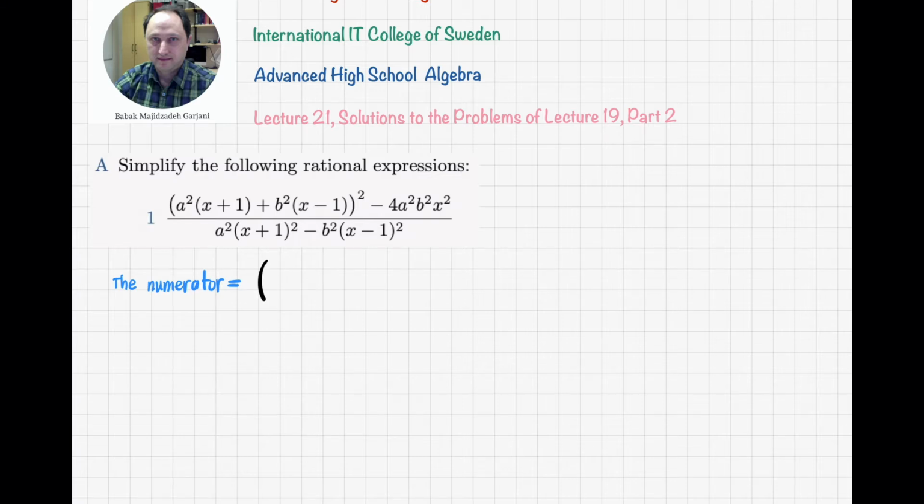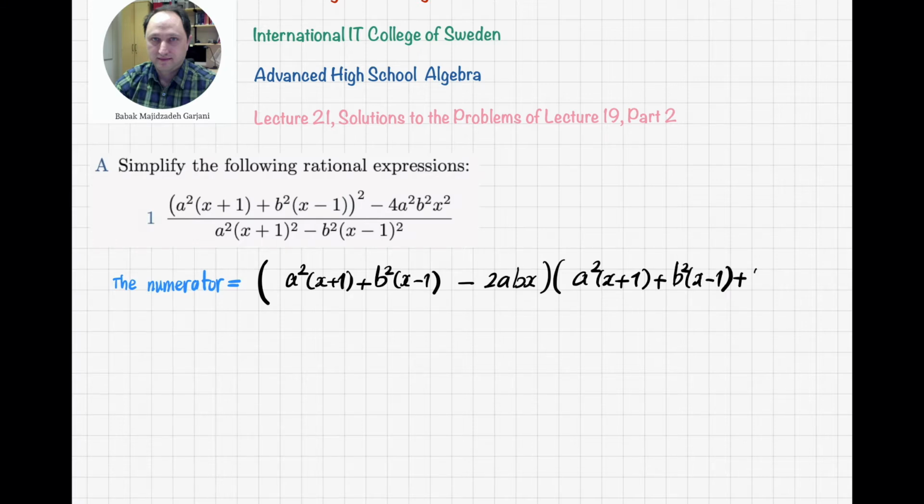Then it becomes a squared x plus 1 plus b squared x minus 1, and then I will have this minus the square root of the other one, which is 2abx, and then the same expression added together, so it becomes this plus 2abx. This expression is the square root of the first one, and this expression is the square root of the second one.